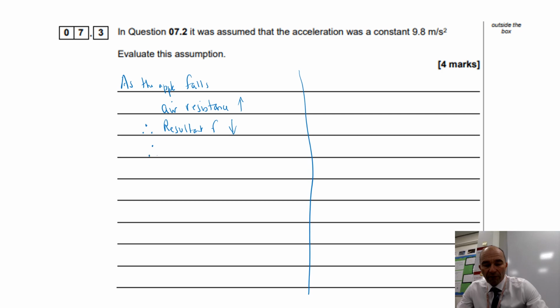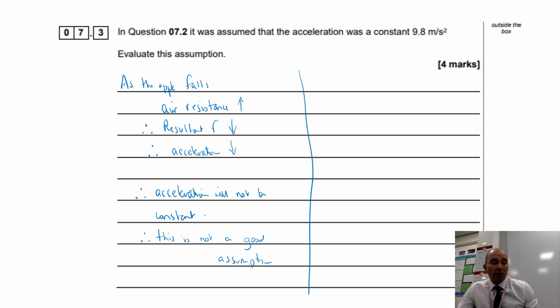If the resultant force is decreased, it means that our acceleration also decreases. That means that the acceleration will not be constant, which means that therefore this is not a good assumption. So that's one version of that answer.